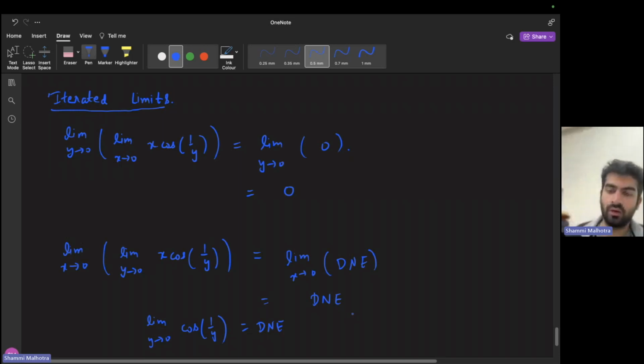Okay, so now we have seen some ways to evaluate the iterated limits, and we have also seen how to calculate level surfaces and other things. Moving on, next you have studied partial derivatives. We would like to generalize the idea of the derivative in one variable to higher dimensions.